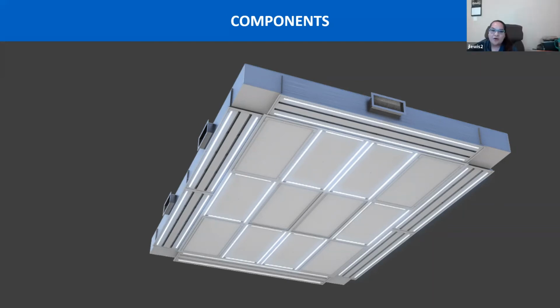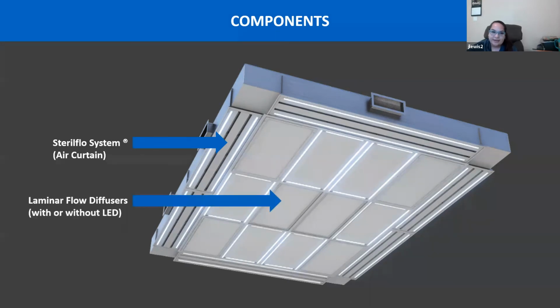And so here is all of the components in one system. And you can see there's the SteriFlow system. And on this, we also have the LED lights shown. We can do that on the SteriFlow as well as all the laminars. And there's the laminars in the center without LEDs.